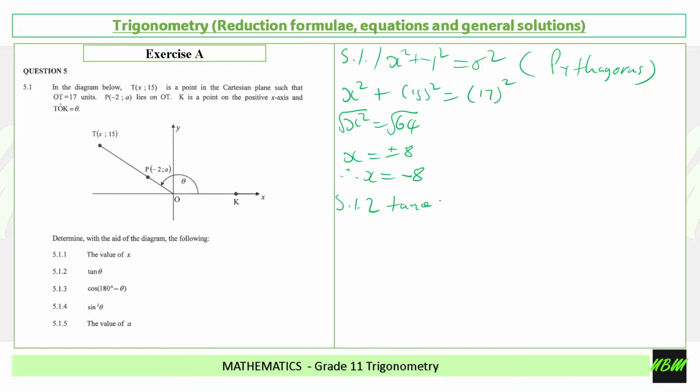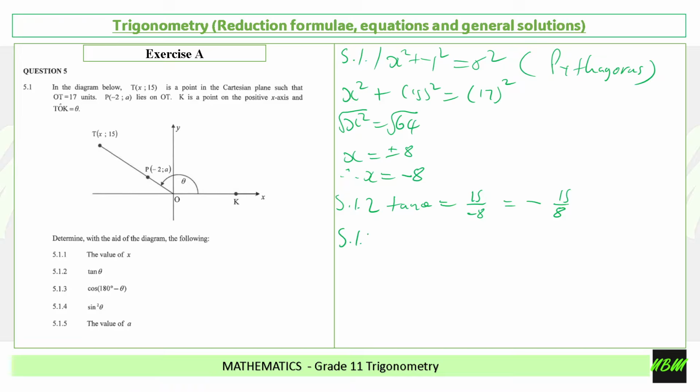Tan theta is equal to y over x. What is y? y is 15, over x. x is -8. Therefore tan theta is equal to -15 over 8.